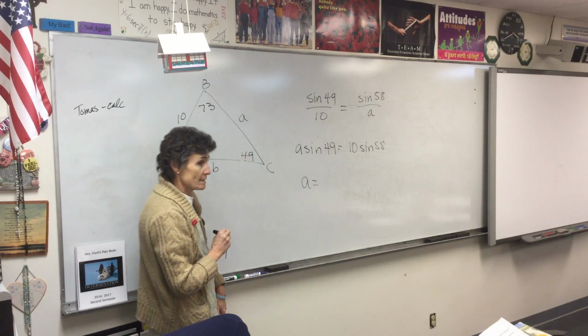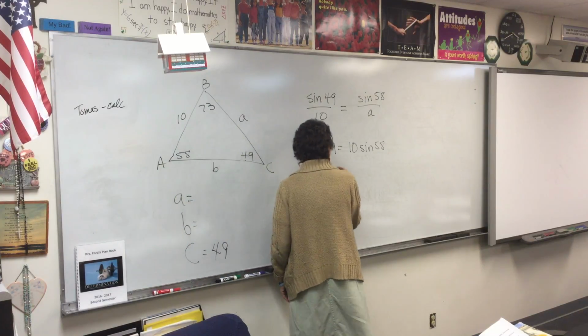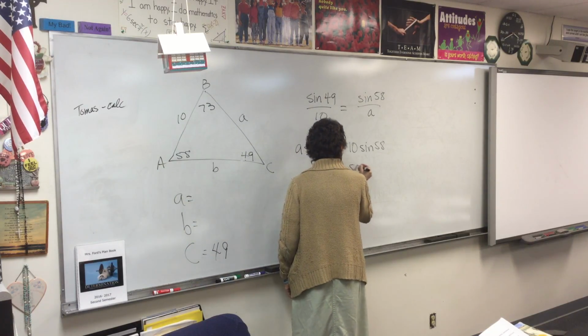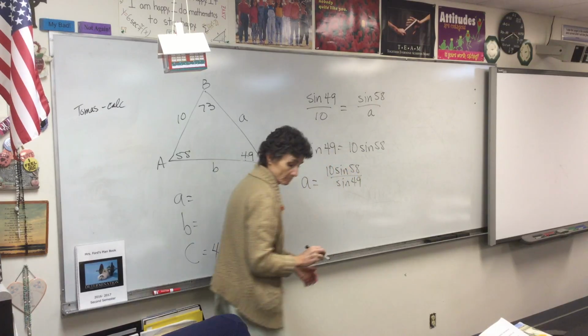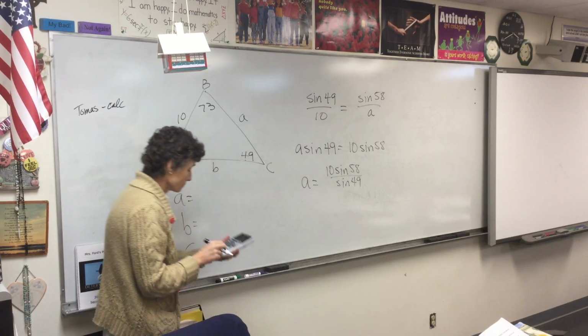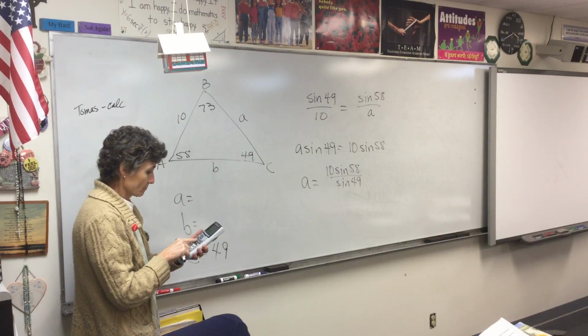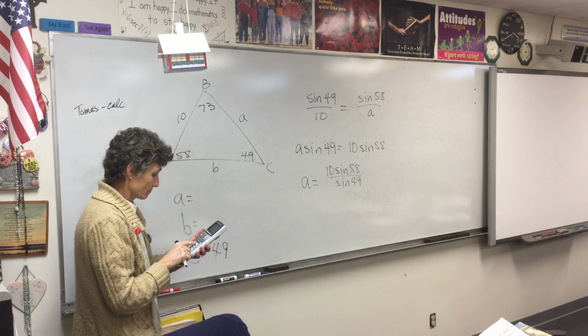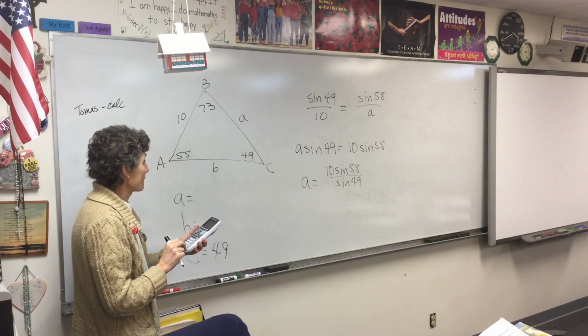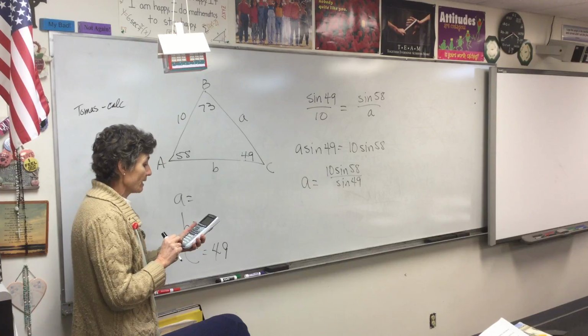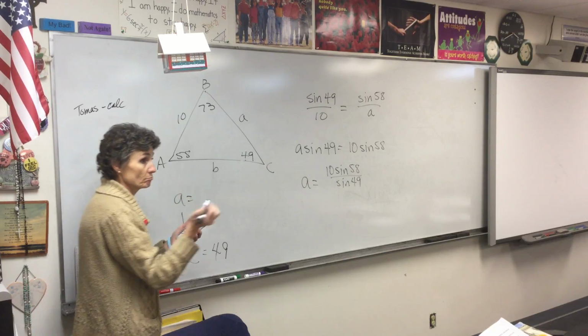So A equals 10 sine 58 over sine 49. I got 11.24.